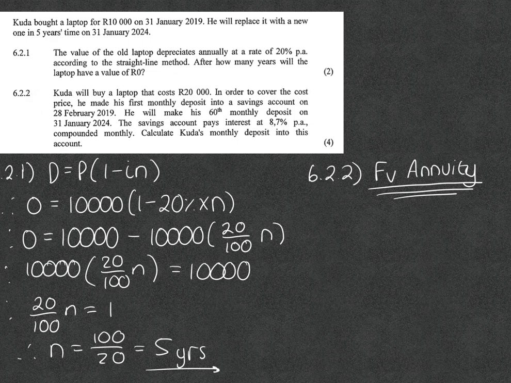Okay, so he will buy one that costs 20,000, so that's how much we want. In order to cover the costs, he makes his first monthly deposit 28th of February 2019. Okay, so he starts 1 month after, which everything seems to be normal.